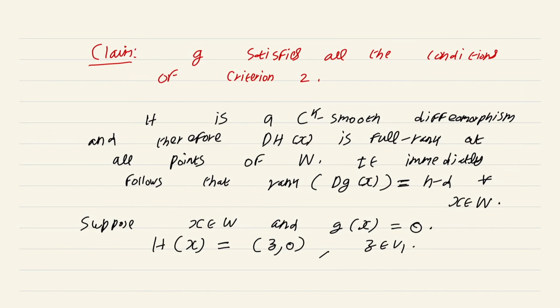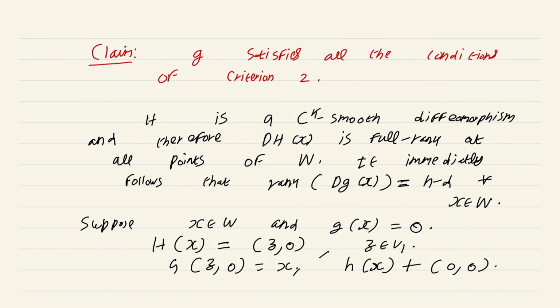So in other words, shifting this back, h of Z comma 0 is exactly equal to X, but this is just h of Z plus 0, 0, right?